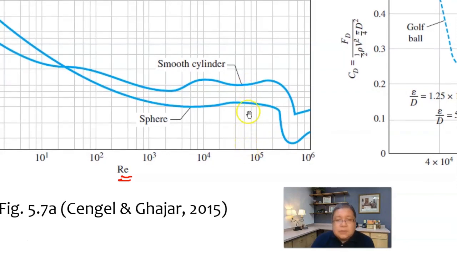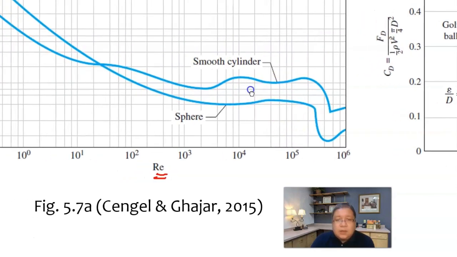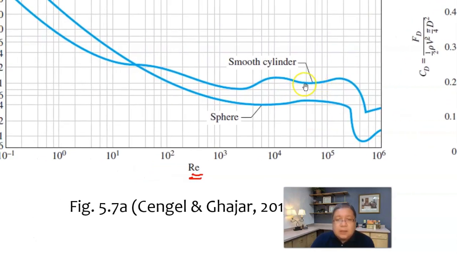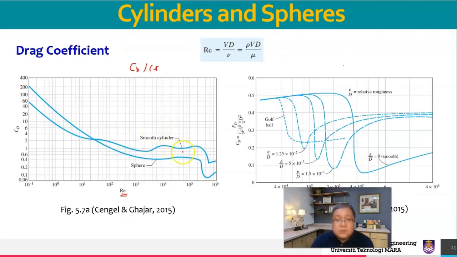From this area, you just extend the line up until the smooth cylinder, and then it is in this region, and it becomes this point. So it is proven that the value of CD is equal to 1, at this point.